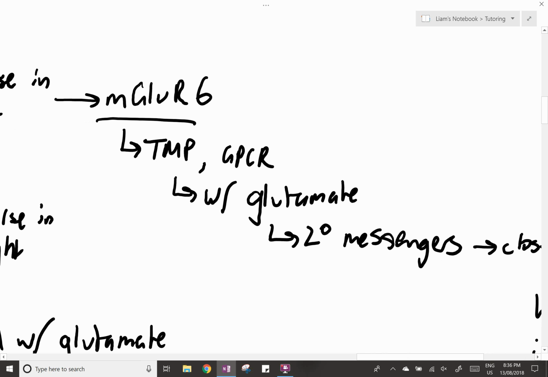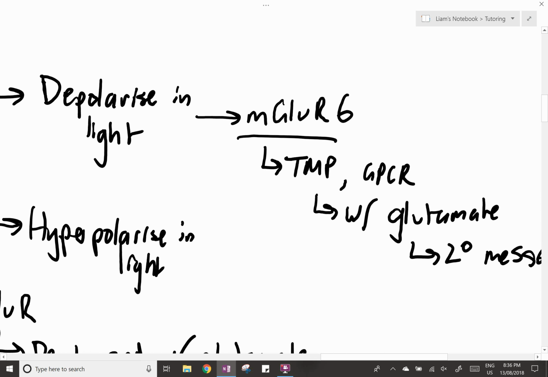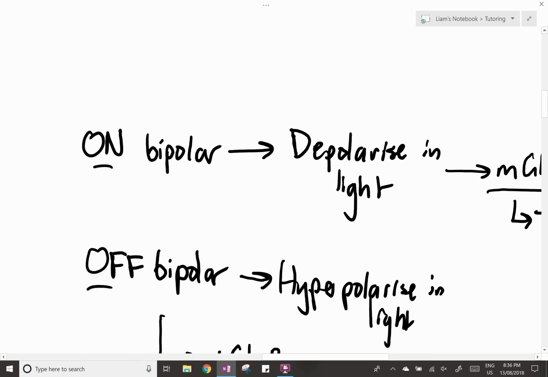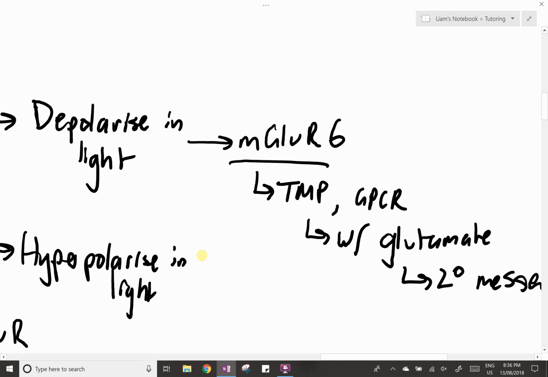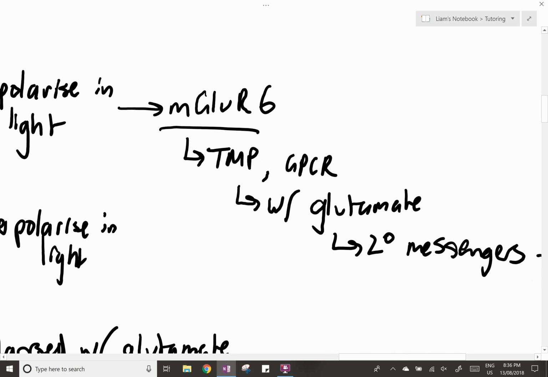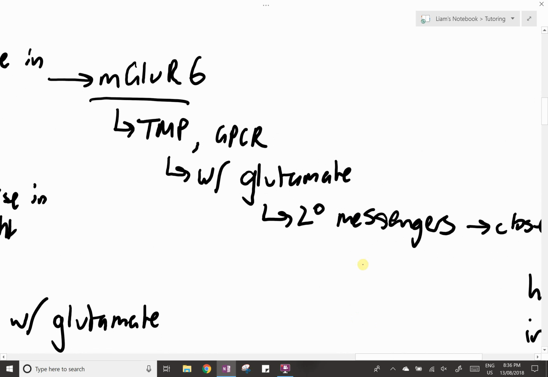What this means is that when we get the decrease in glutamate signaling from our rod cell in light, there's less inhibition of these channels.